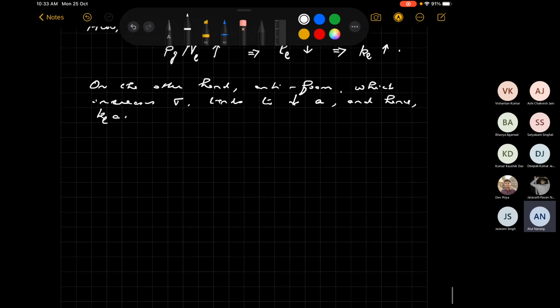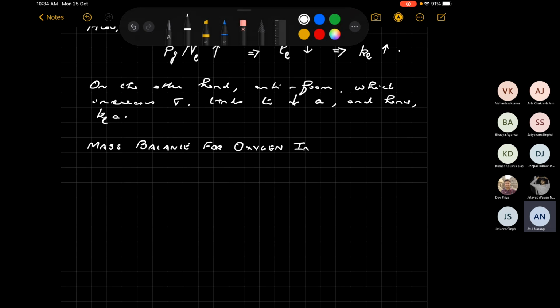Okay, so I think that's basically given you a very, very brief overview of what is KL and what is A. And now we get to the heart of the problem, which is the development of the mass balance for oxygen.